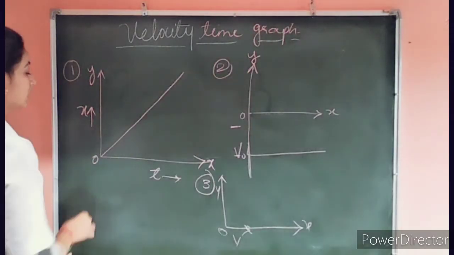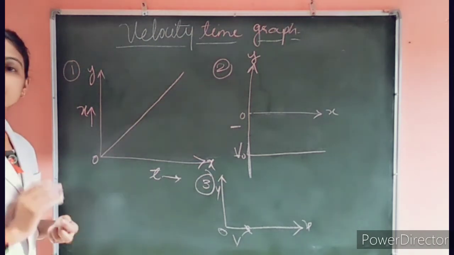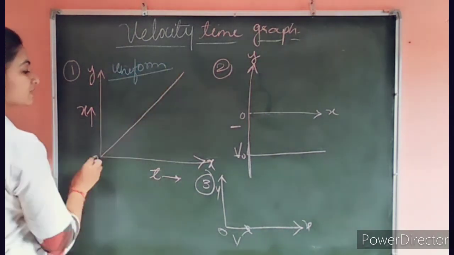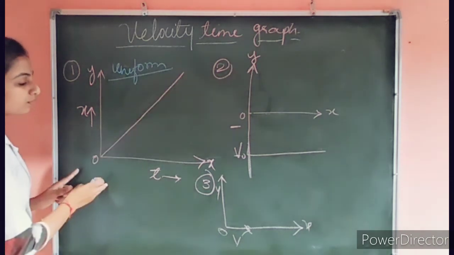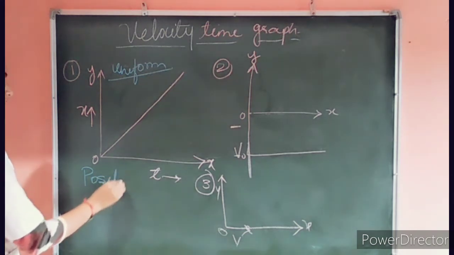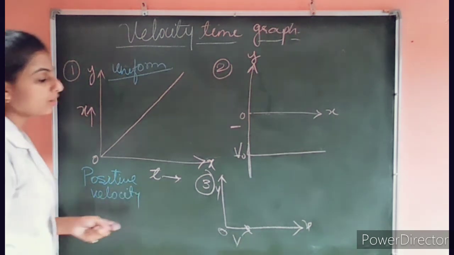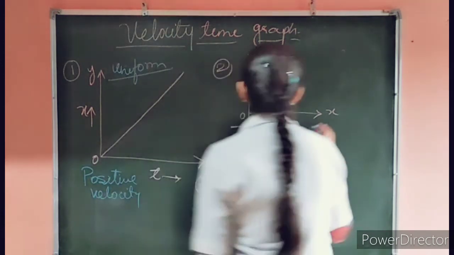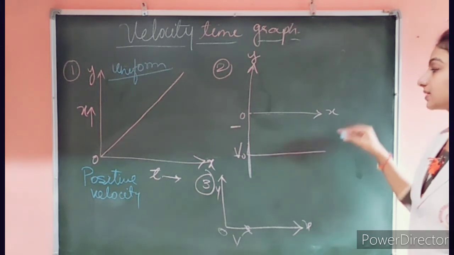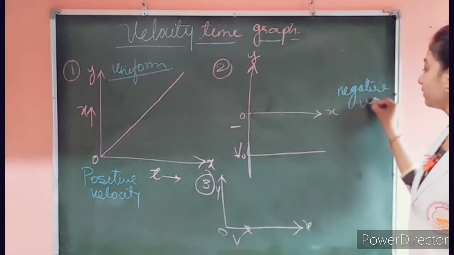Velocity time graph. Now, when the position of an object changes with respect to time, in uniform motion, the velocity is positive. This is positive velocity. Now, if the velocity is negative, then this type of graph is generated, below the x-axis. That is negative velocity.